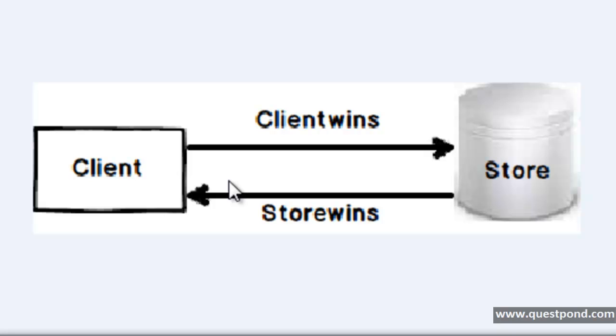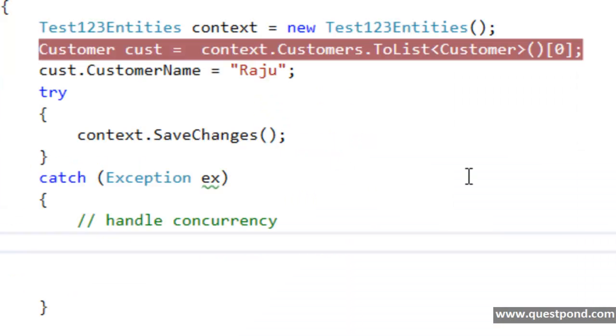In Entity Framework, if you want to send the data from the client to the database, we use something called ClientWins. If you want to get the data from the database to the Entity Framework object, we use something called StoreWins. So let's see how we can implement ClientWins and StoreWins in Entity Framework.